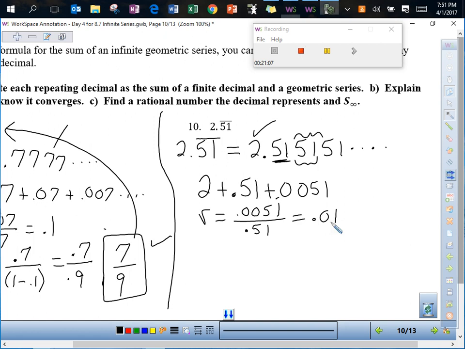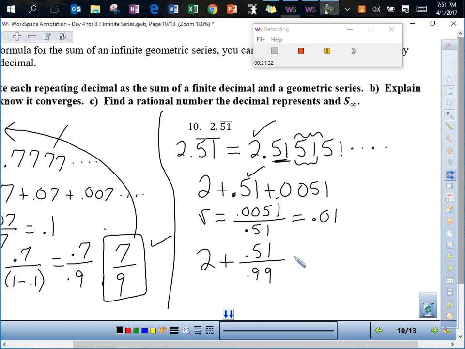Now to get my answer, it's going to be that 2 that we had out front plus g sub 1, which is that first repeating decimal part, 0.51, over 1 minus 0.01. So there's where I am for a second.